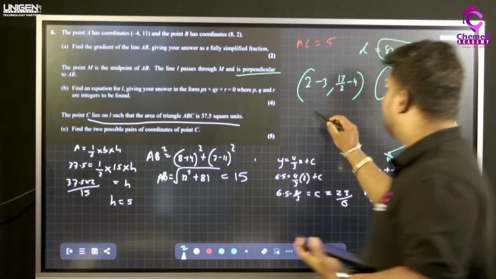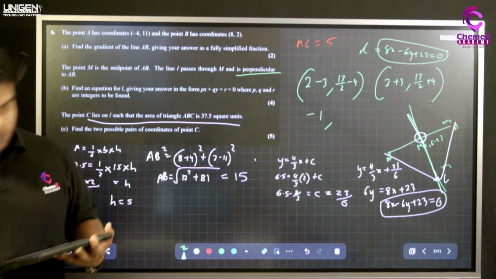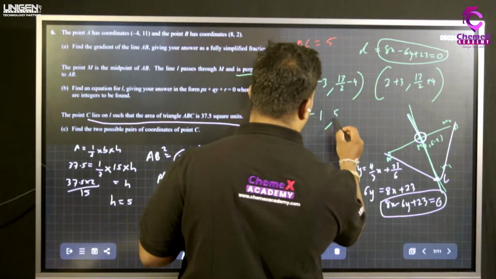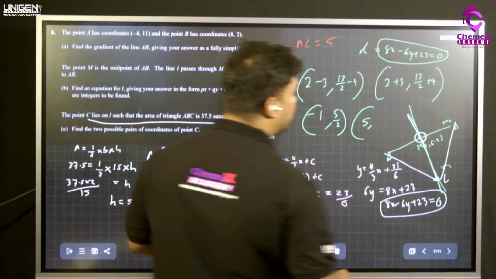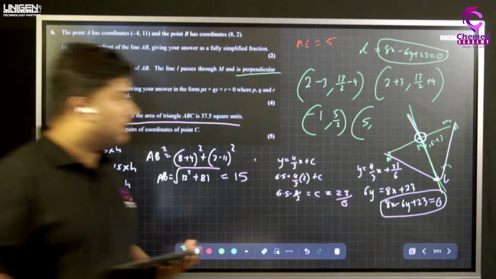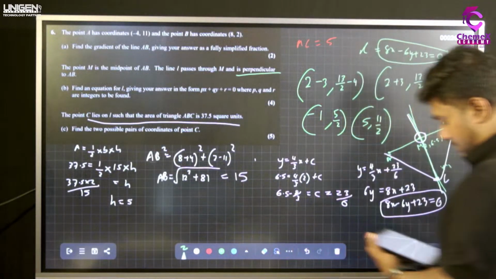So one coordinate is -1 comma 6.5 minus 4 is how much? 2.5. 5 over 2. That's one coordinate. The other one is 5 comma 6.5 plus 4 is 10.5. 10.5 is 21 over 2. Okay.